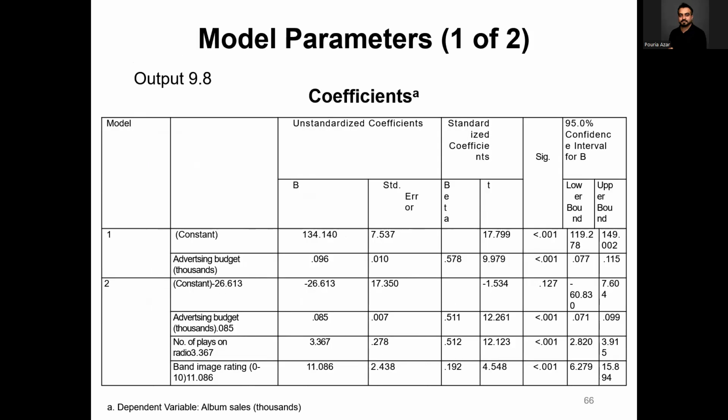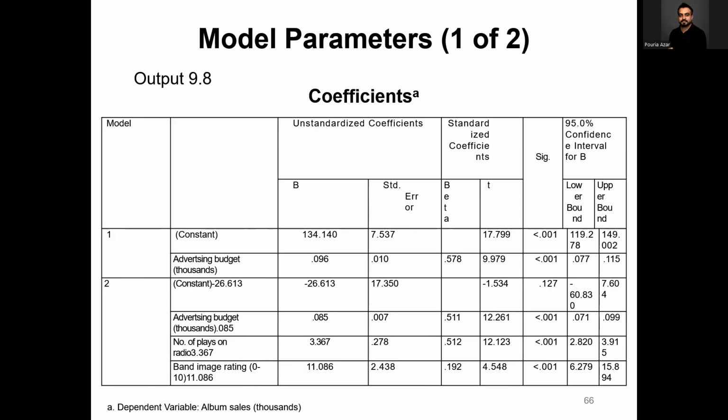In the coefficient table, these are our model parameters again. So we have model 1, model 2, and as you can see in model 1, we have a constant, which is our intercept, and advertising budget as our single predictor variable. In model 2, we have a constant and three predictor variables.